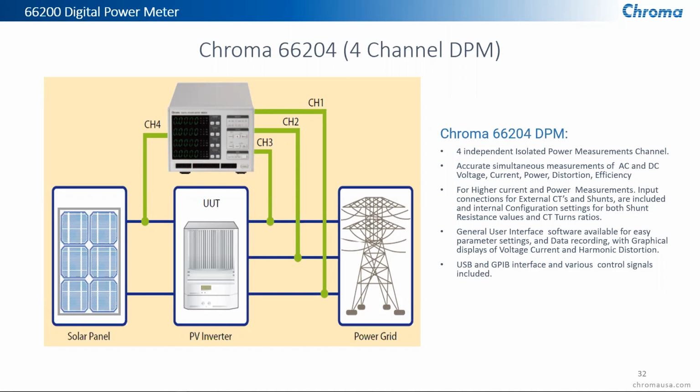The 66204, you'd use one channel for the input, three channels for the three-phase output, and you'd be able to capture all the data required for efficiency, energy, and to even see the capability of your PV inverter as far as how clean a power output it can do, and make sure that it meets the 0.5% distortion that standards require before it can put power back into the grid.